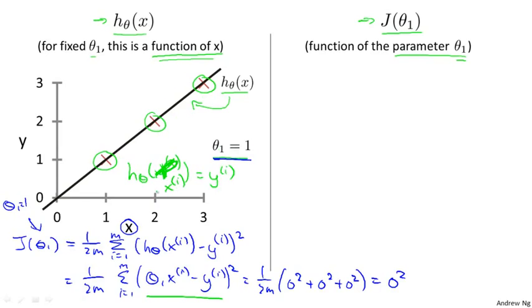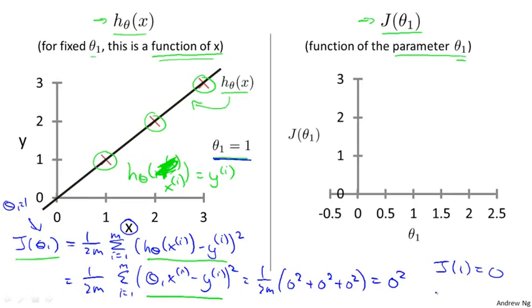And so h of xi minus yi, each of these terms is equal to 0, which is why I find that j of 1 is equal to 0. So we now know that j of 1 is equal to 0. Let's plot that.